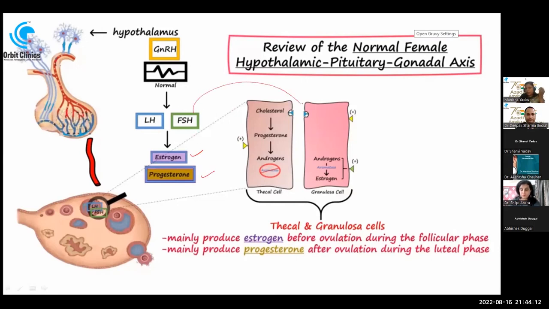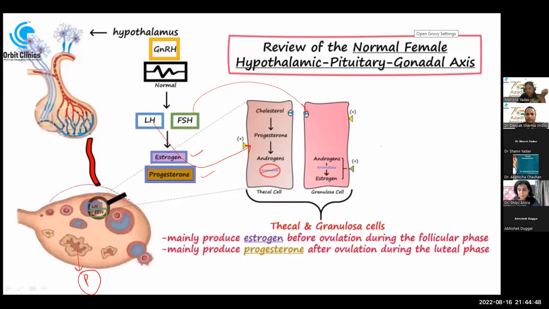FSH always acts at the granulosa cell, and LH always acts on the theca cell, because the theca cell has a receptor for LH and the granulosa cell has a receptor for FSH. They coordinately cause development of the follicles, and whenever there is a surge of LH, ovulation occurs, and after ovulation the corpus luteum is formed. The corpus luteum secretes which hormone? Progesterone.